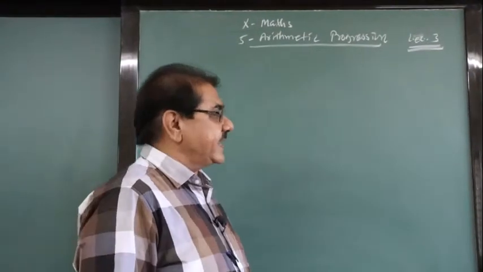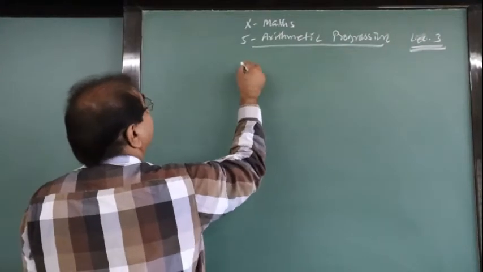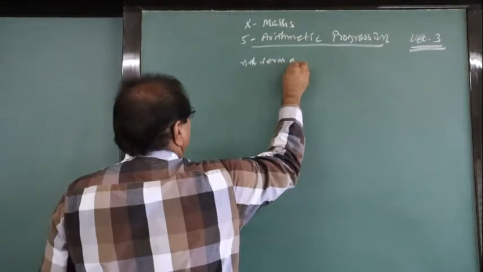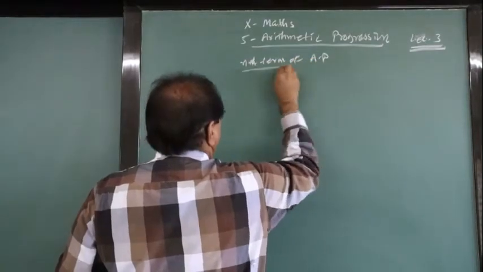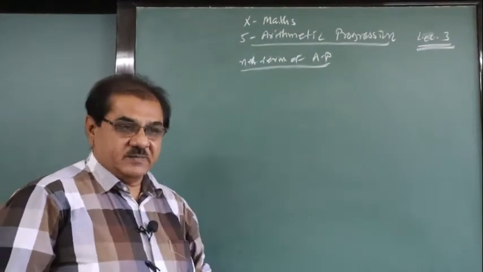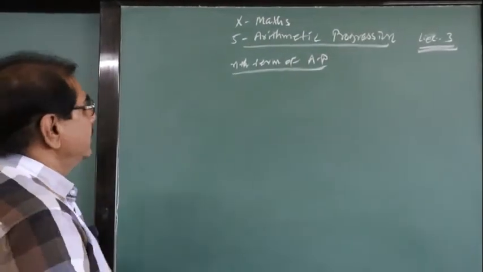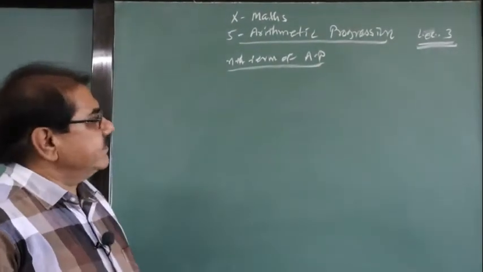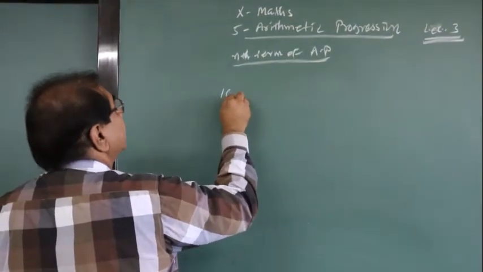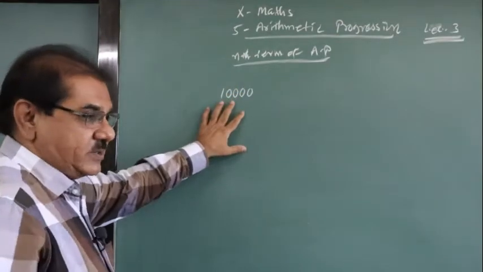Today we take certain examples, and before that I go for the formation of the formula of nth term of AP. Nth means n is a number: 5th term, 100th term, 28th term, this can be any number n. So in the very first lecture, I took an example that a person got the job and his salary initially was rupees 10,000.